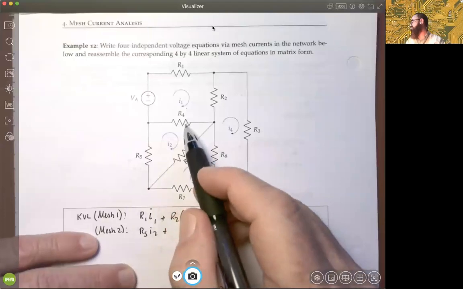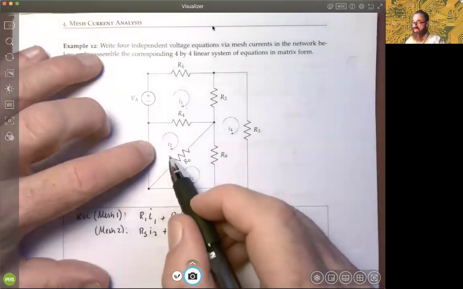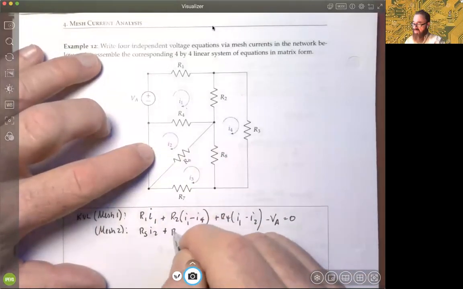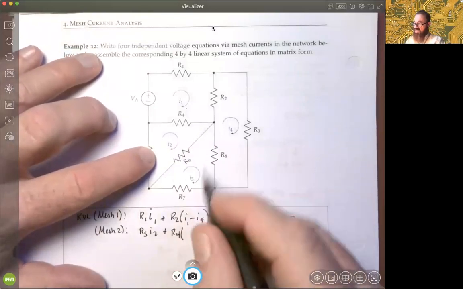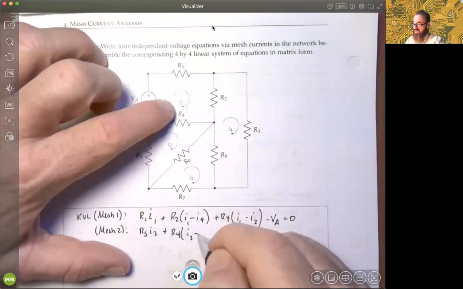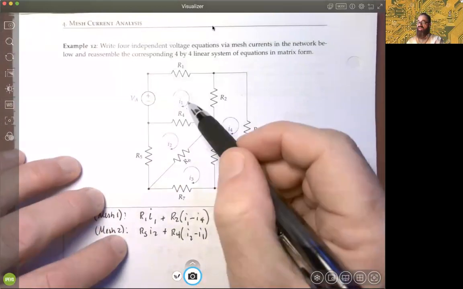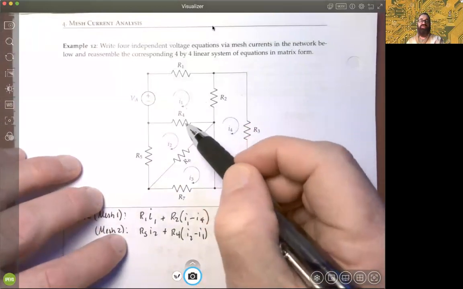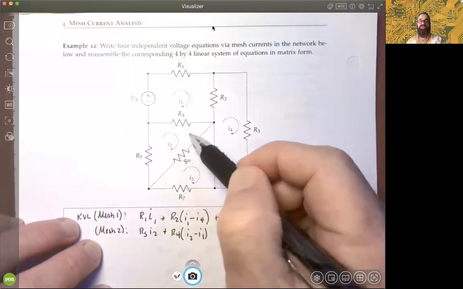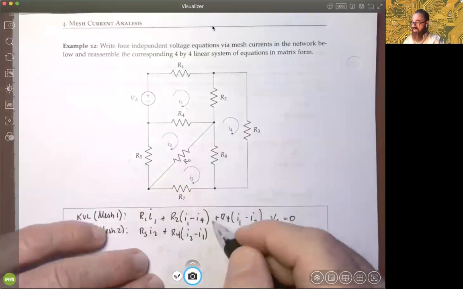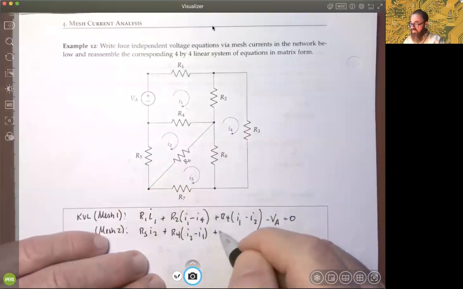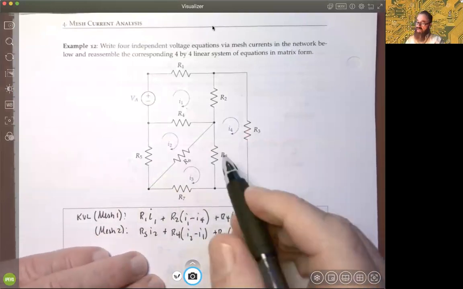plus, and coming up to R4. We've seen this before. So in this case now, the sum of the currents through that will be I2 minus I1, because you could also look at it as this current is opposing this one if we're doing PRC in this direction. And then finally, we need to come through R6, and you should see what's going to happen here.